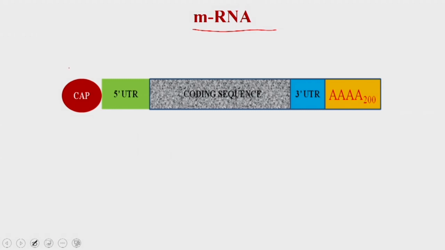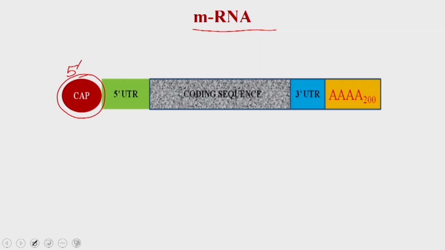First, you have the 5 prime cap. This cap is important for protecting the messenger RNA from any kind of degradation, and it also provides the binding site for the initiator tRNA.